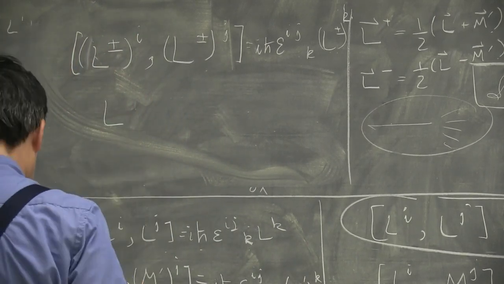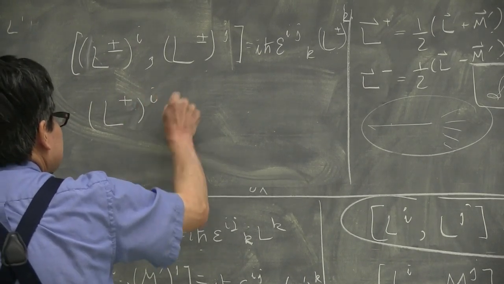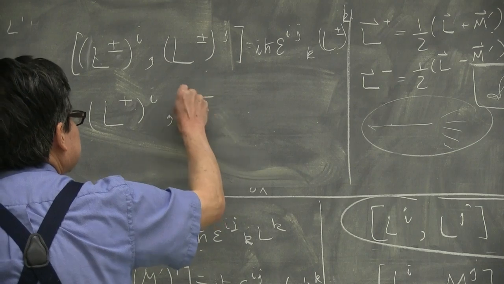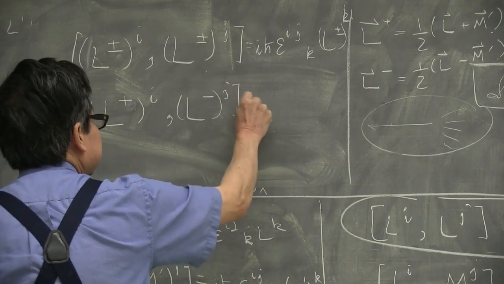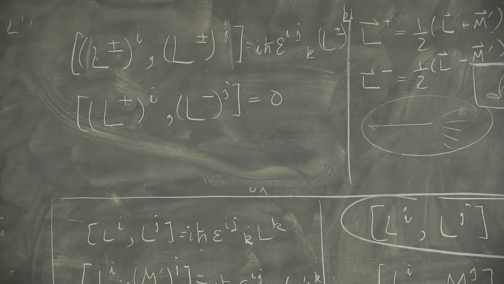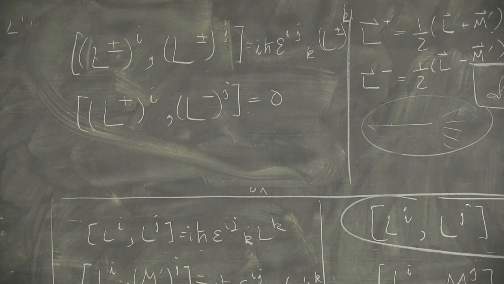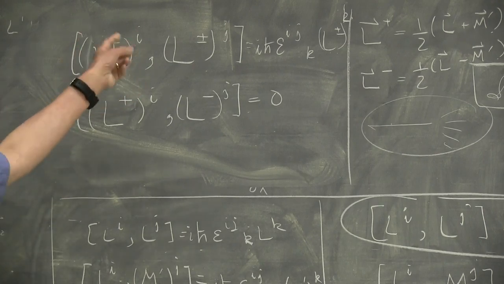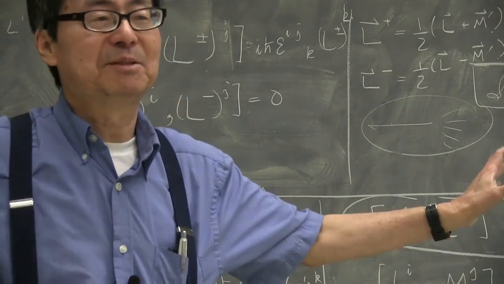Okay. Furthermore, the pluses always commute with the minuses, so they don't have anything to do with each other. Like that. So I've cleanly separated them. Okay. These guys, the pluses, commute among themselves, and the minus guys commute among themselves, and the pluses and minuses live in separate worlds.